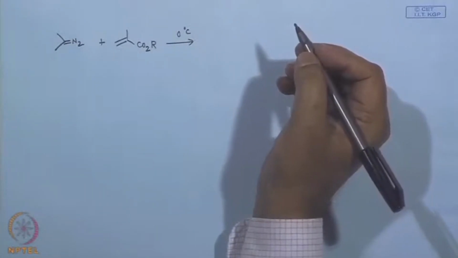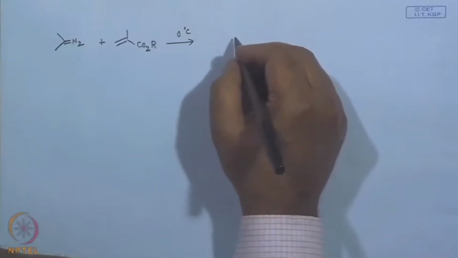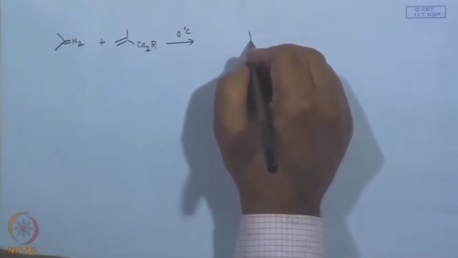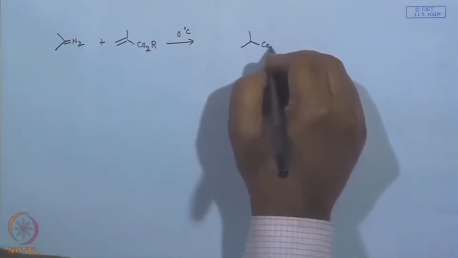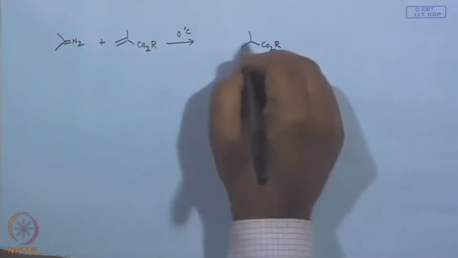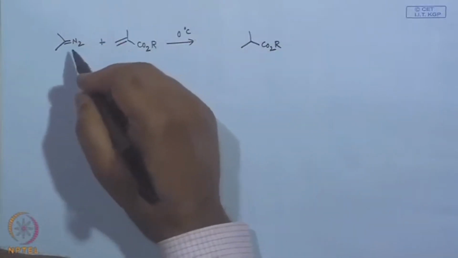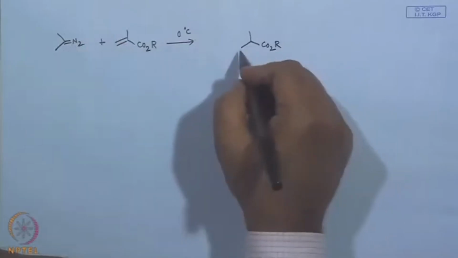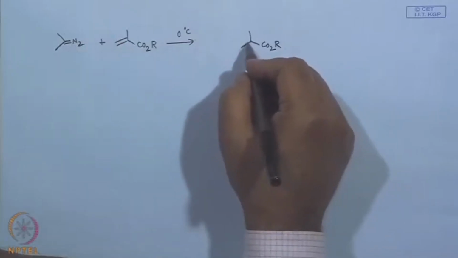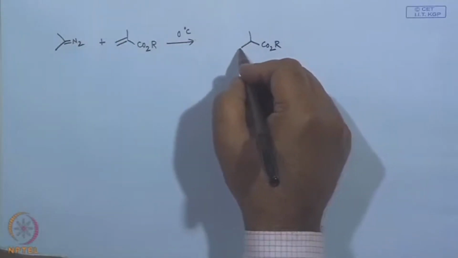Diazomethane normally undergoes a cycloaddition reaction. So one can quickly write that this is the structure and the double bond participates in the reaction, but there is an ambiguity that the nitrogen end can react on this side and the carbon end can react on this side.